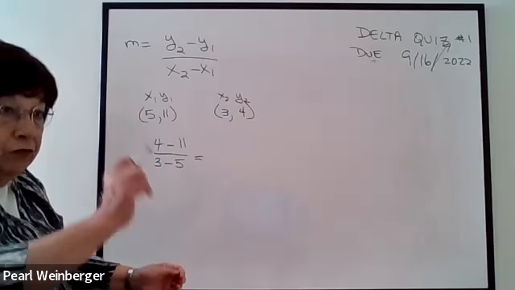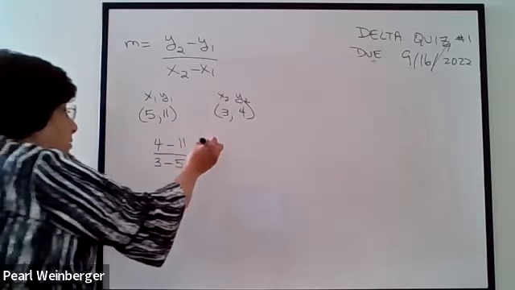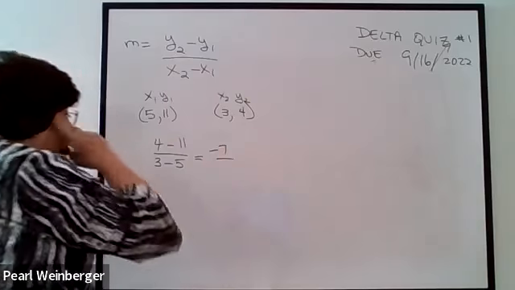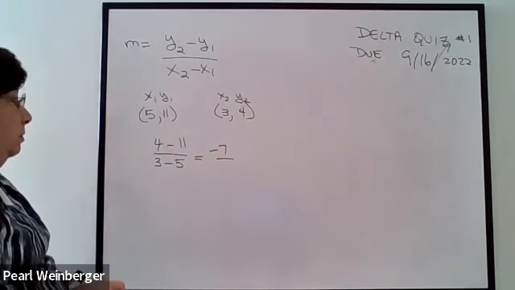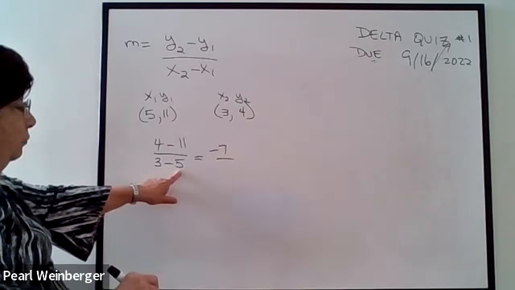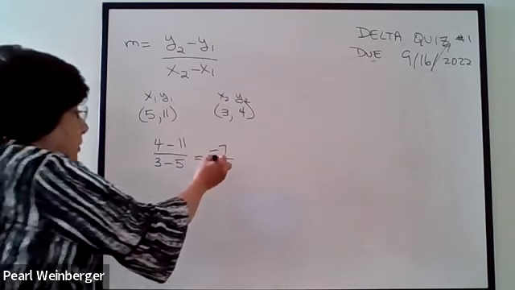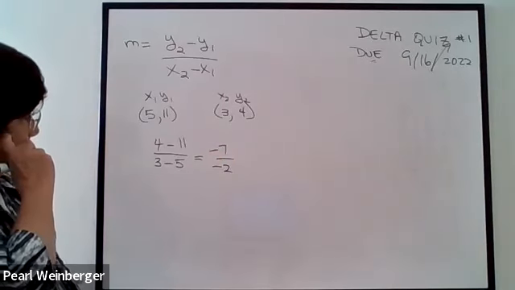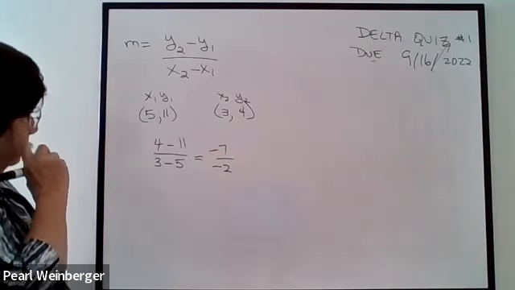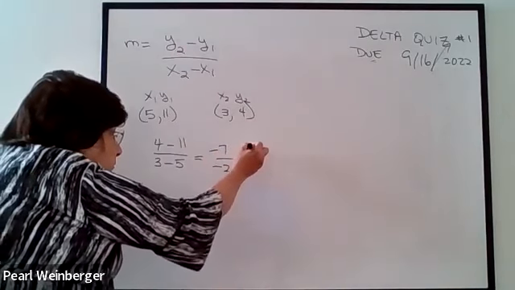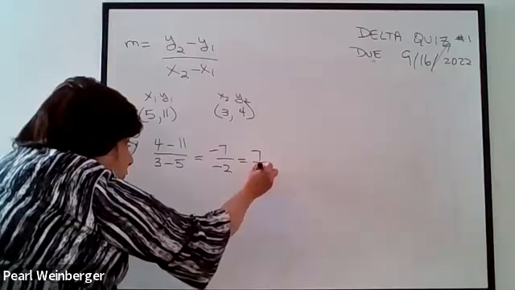It'll give you -7. Three minus 5 will give you -2. And a negative over a negative is positive, so we get 7 over 2.